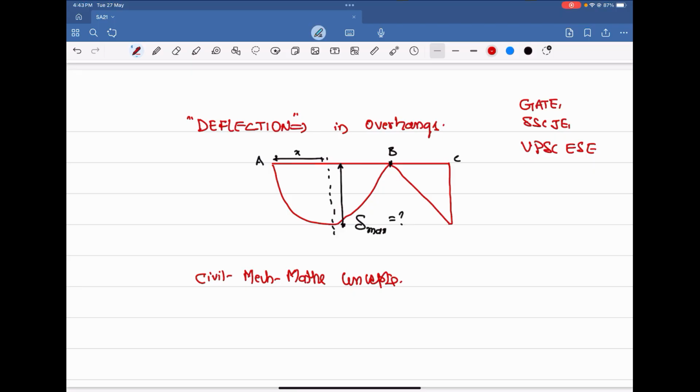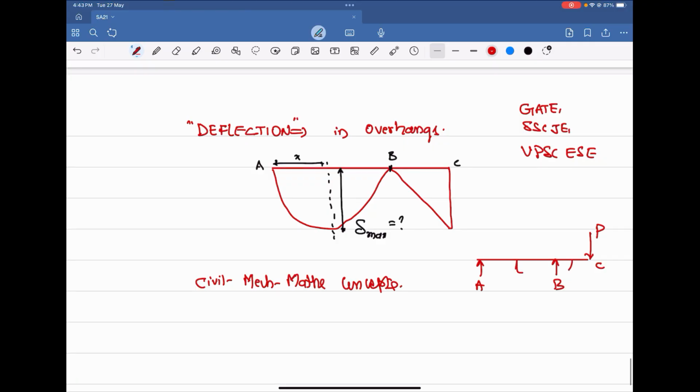And in UPSC Engineering Services, there is one question given in 2017. This is a point load here. This is an overhang. A, B, and this is C. This is L, and this is L by 2.